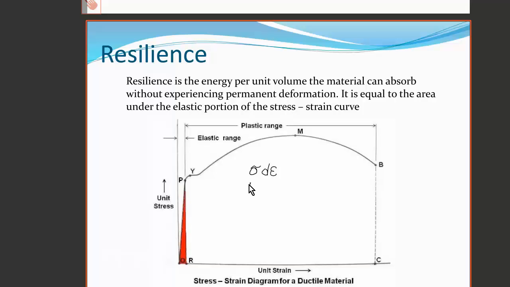We are multiplying a force divided by an area by a change in length over the original length. So this is going to equal F times change in length divided by the original length times area.